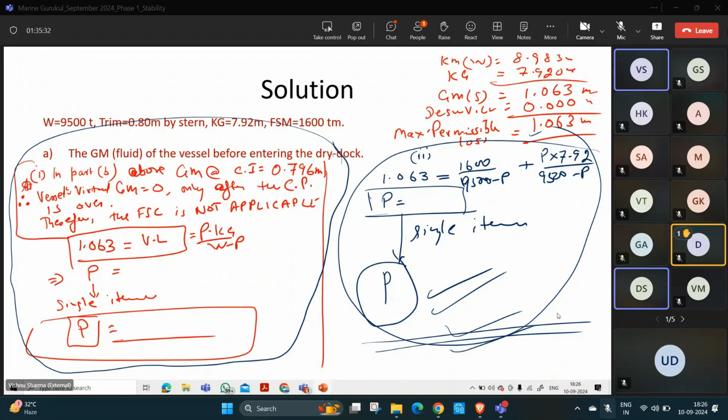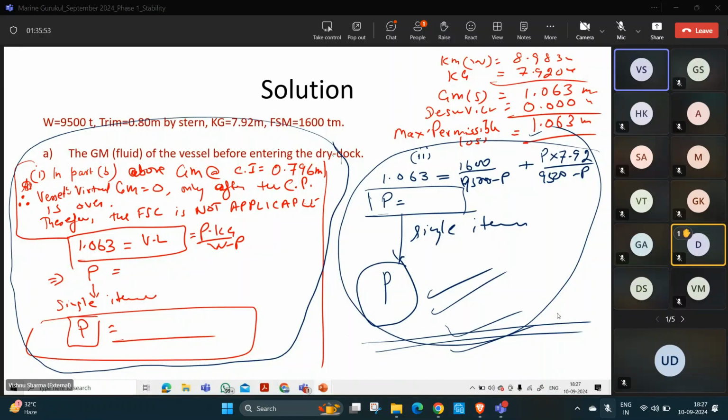If you are following this method that P is virtually discharged, then FSC would change. Yes, sir. Let them do. Let them do, it doesn't matter. Whatever you've learned, be confident about yourself. Don't worry.